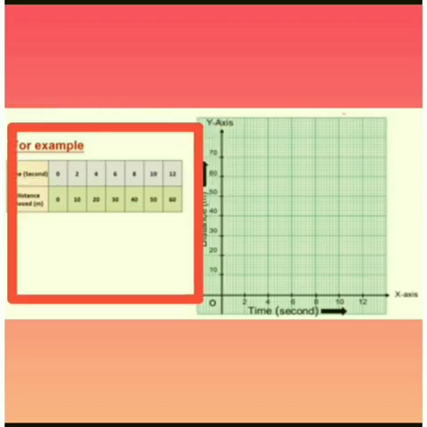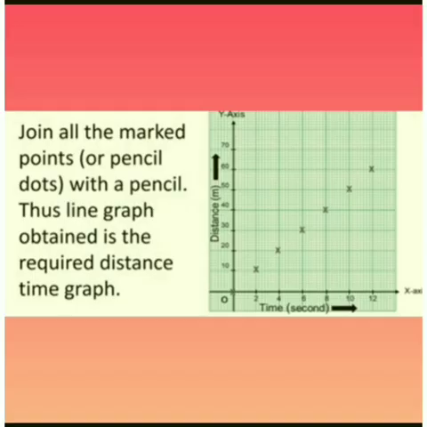Seconds 0, 2, 4, 6, 8, 10, 12 and distance given 0, 10, 20, 30, 40, 50 and 60. Now join the marked points with a pencil. Thus the line graph obtained is the required distance time graph.